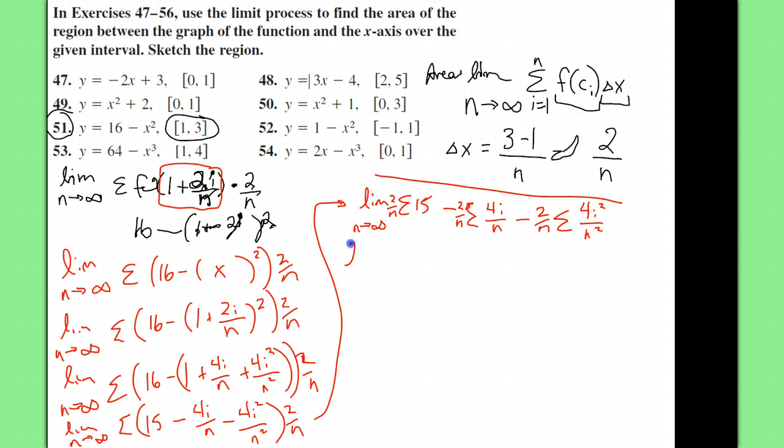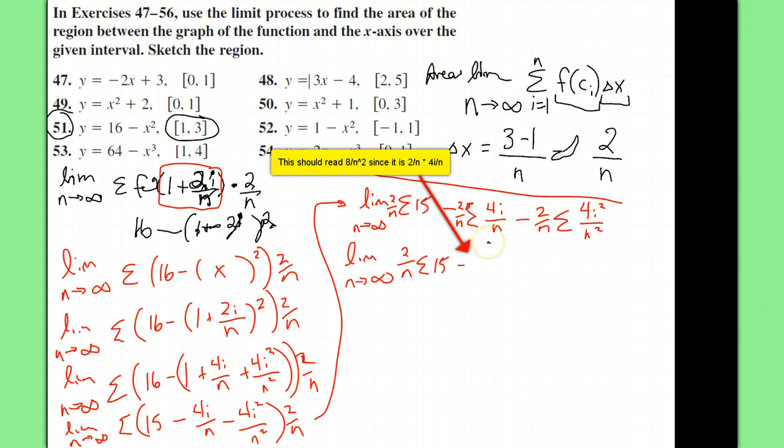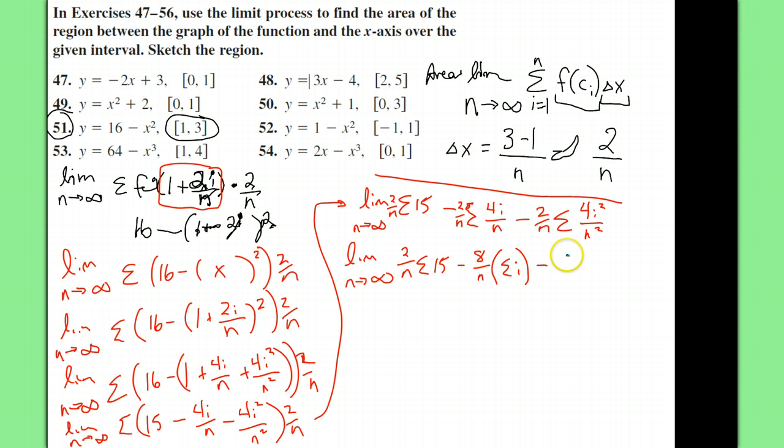If I rewrite this, you're going to see I can simplify it. The first one stays the same. The next one, I can factor out a 4 over n, so I really have 8 over n times the summation of i. The next one, I could take out a 4 over n squared, so I've got 8 over n cubed times the summation of i squared.